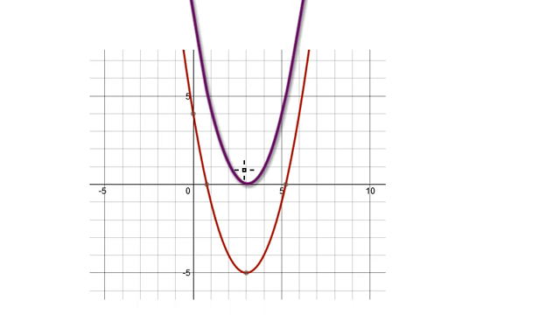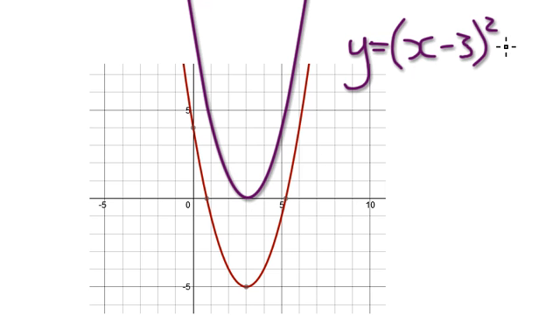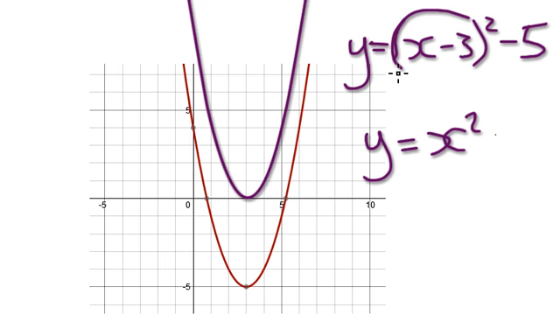So if you're asked to sketch y equals (x minus 3) squared minus 5, you can start off with y equals x squared. You visualize this as being inside a bubble here, and then by looking at this, you can see it's a translation of 3 to the right, and by looking at this here, you can see it's moving it down by 5.